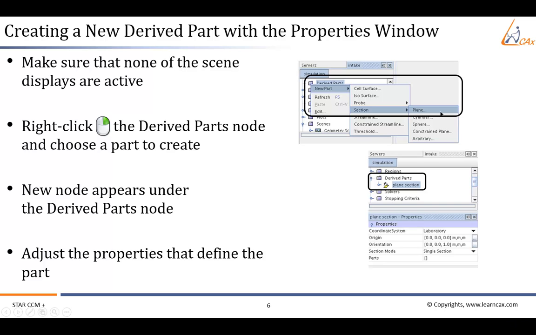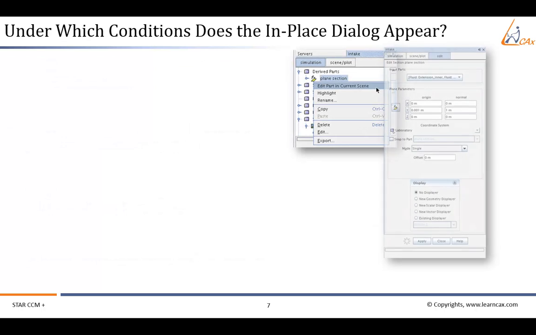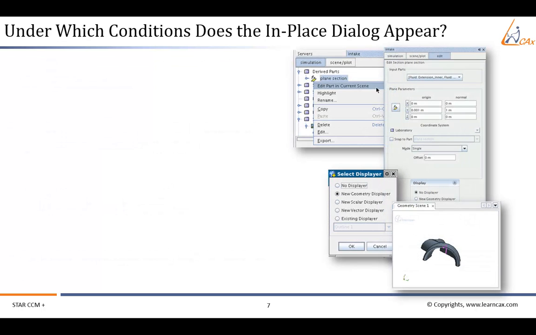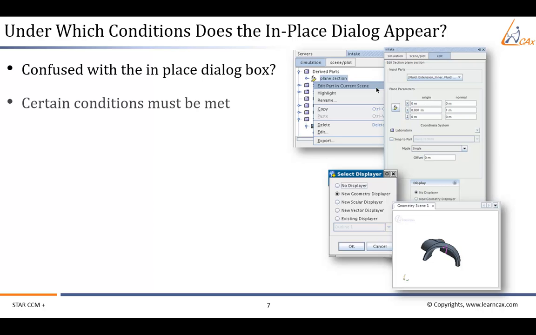We saw that the in-place dialog appears only for some cases and does not appear in some cases. What are the exact conditions when in-place dialog can be used to create derived parts? For creating a derived part with the in-place dialog, certain conditions must be met. Then only the in-place dialog will appear in a scene display.